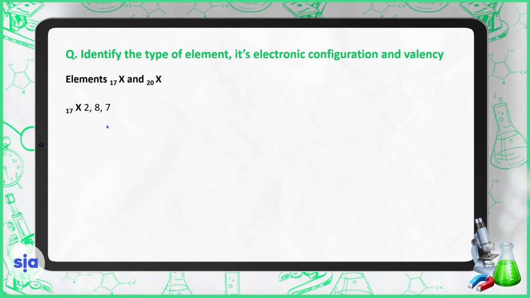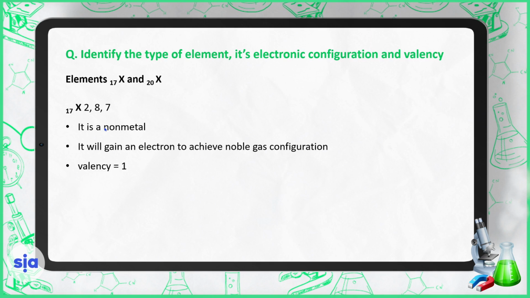What do you think? It's a non-metal, because the number of electrons in the outer energy level is more than 4. And it will gain an electron to complete the outer energy level to become 8. The valency now is 1.